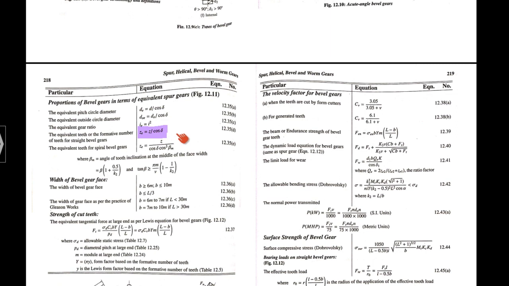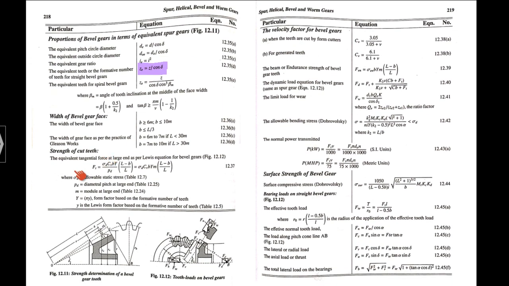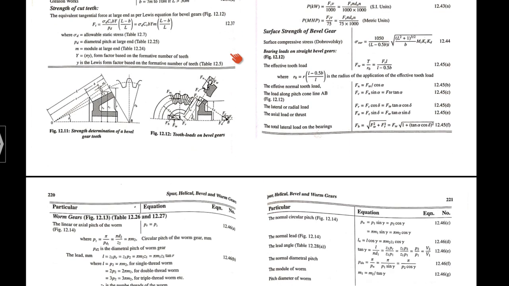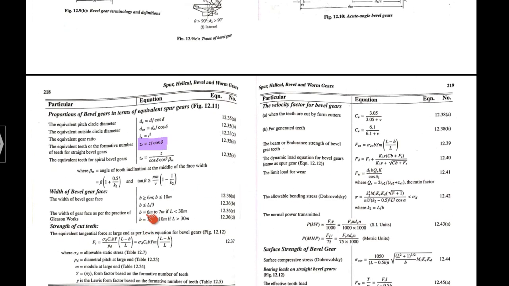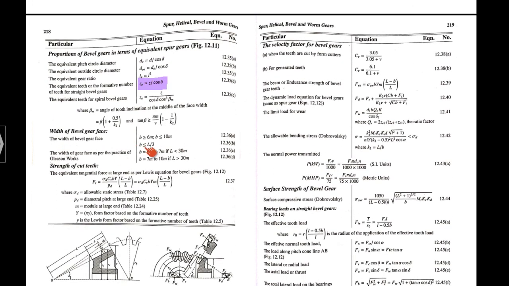And further we will be using equation 12.37. Here you can see the equation: sigma d, Cv, b, m, L minus b by L. Here you have to substitute L in terms of b. For that, if you look here, this L has to be substituted like this.